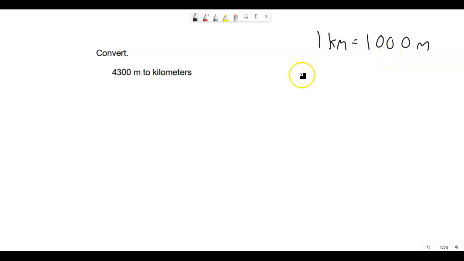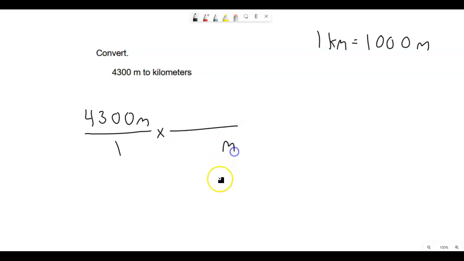Okay, let's see how you did. So we remember from the previous exercise, we started with the known quantity, which was 4,300 meters. And remember, since it's not in fraction form, I'm just going to put that over 1 to make it a little bit easier. And now we need to multiply by a unit fraction with meters on the bottom, because we want this meter to cancel out with that meter.